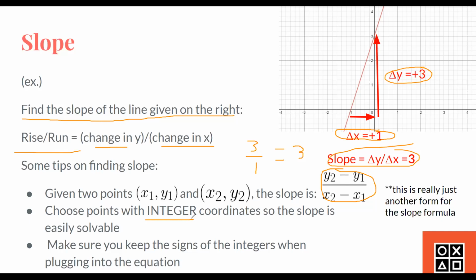It's better to use whole numbers rather than decimals or fractions because they would be harder to solve with. And also, make sure you keep the signs of the integers when you plug into the equation. For example, if you plug -1 into the rise over run equation, don't forget to include the negative sign.